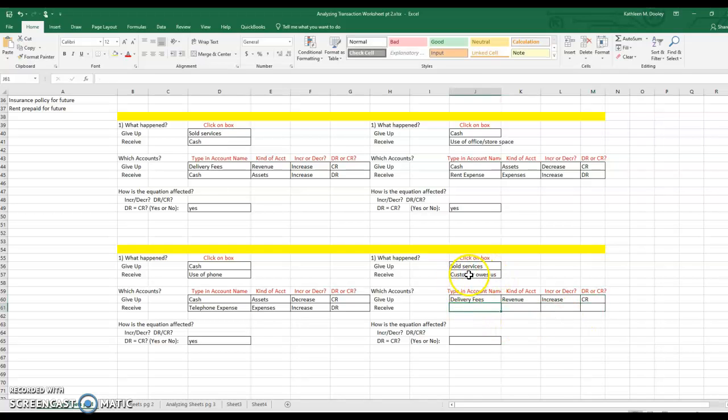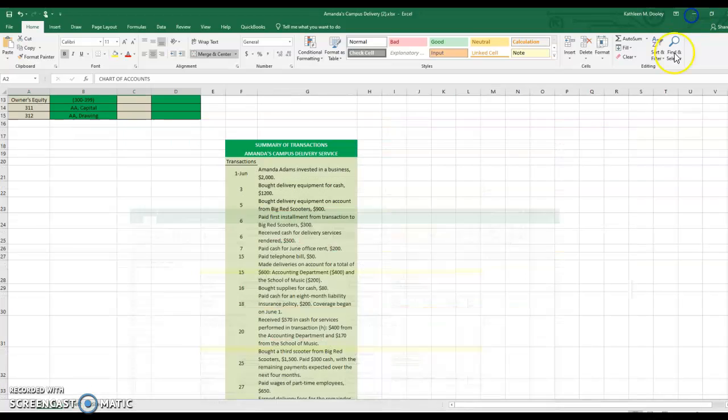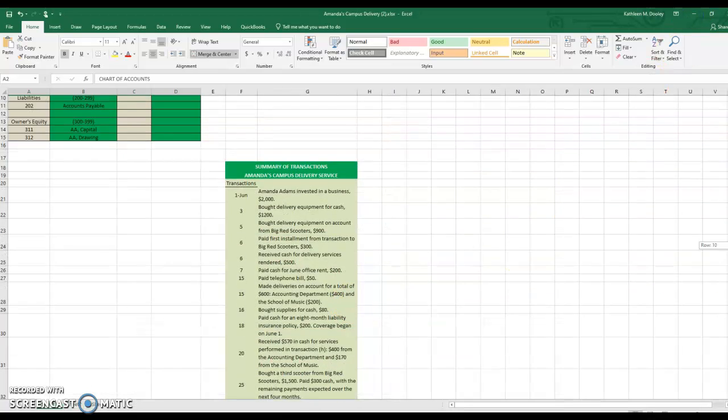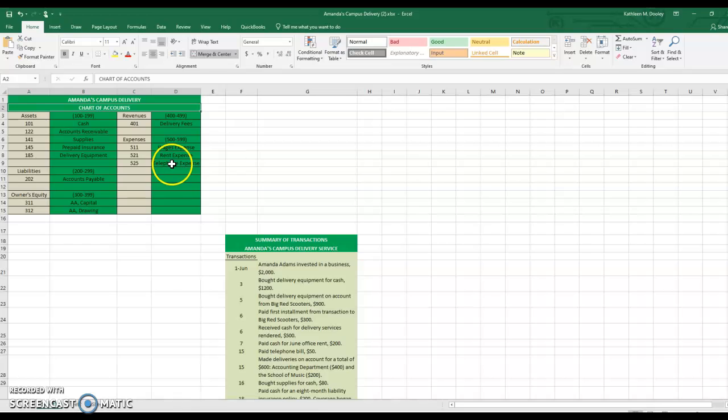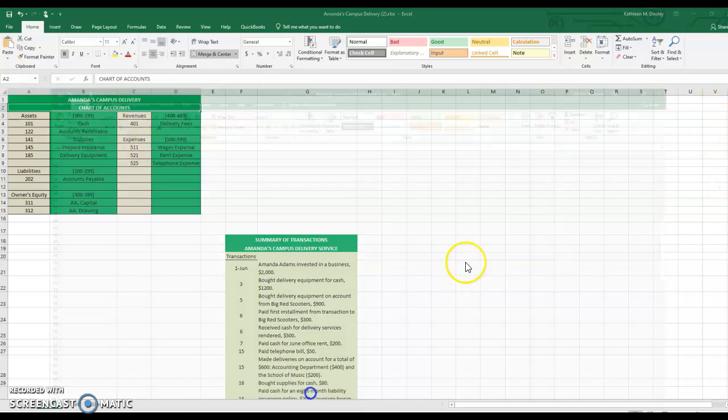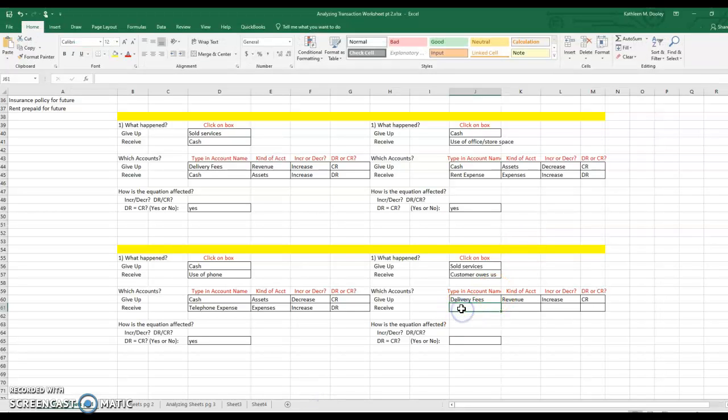Okay, for the receive, we have customers owe us. So whenever we have customers owe us, that is an asset. We legally own that money. We just don't happen to have it in our hand. But that is accounts receivable when customers owe us. So we can use accounts receivable. You can put A/REC to stand for accounts receivable, and that is an asset.